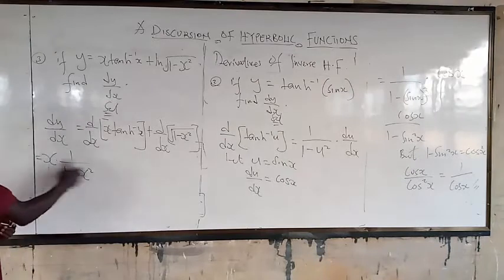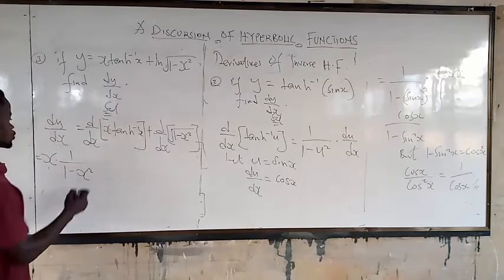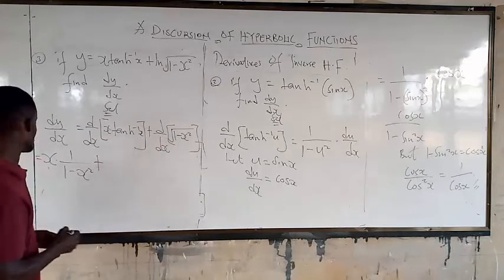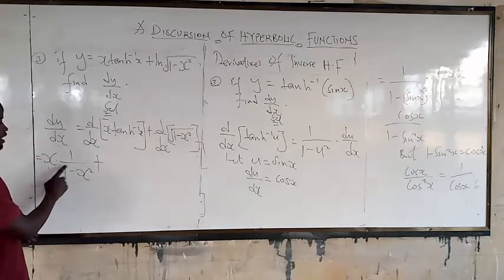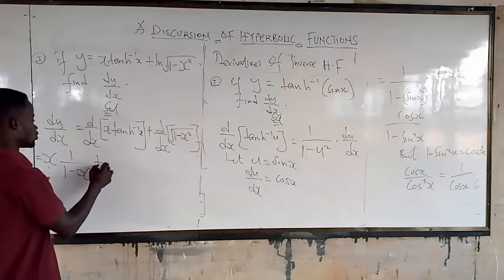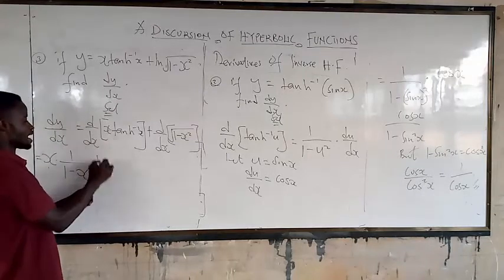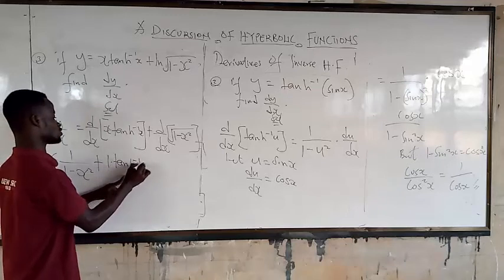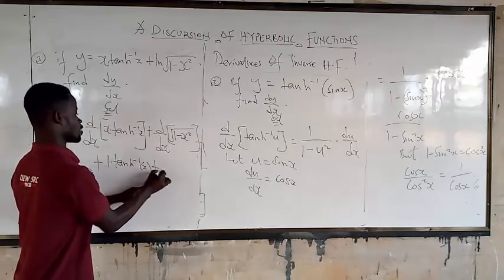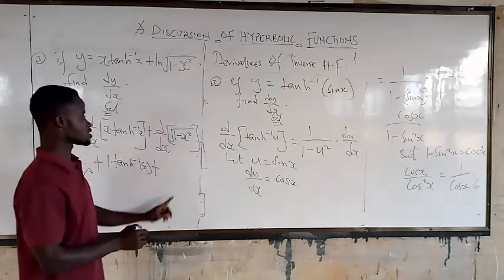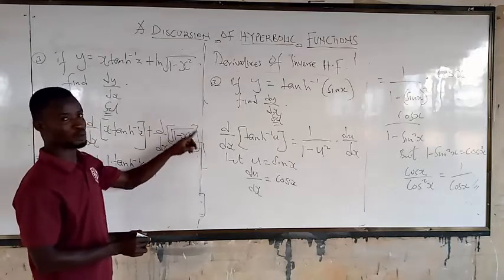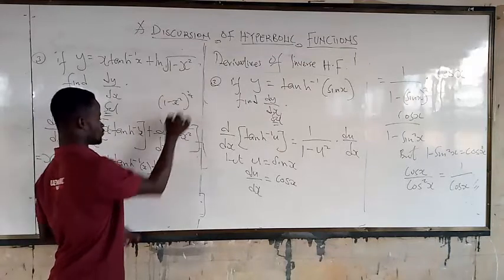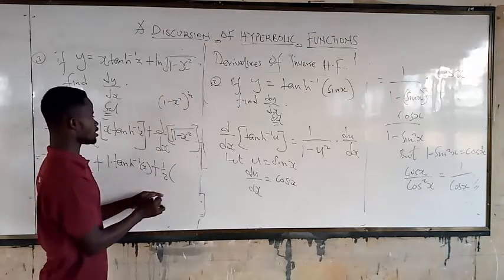So it's just 1 over 1 plus x squared. Plus, leave this one, take the derivative of this. Now, you have to differentiate x. You get 1. Then you leave tan inverse of x. Plus, having this, note that the square root is power half. It's like 1 minus x squared power half. So half come here.